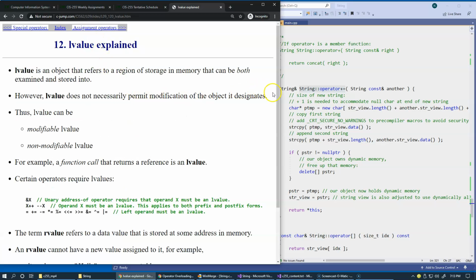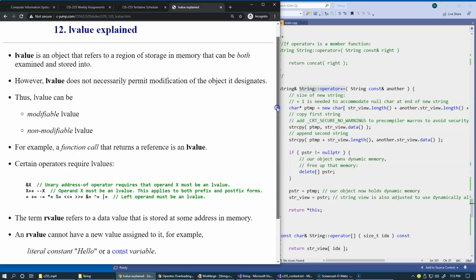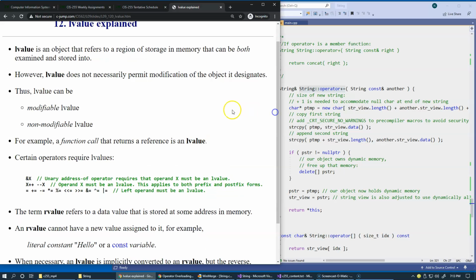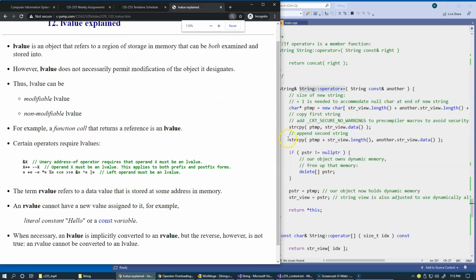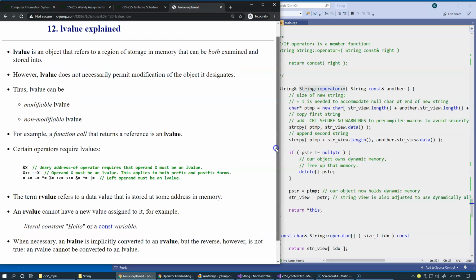So let's talk a little bit about lvalue and rvalue as well. Let's just resize this so it fits on one screen right here. So, left-hand side value. The idea is coming from the fact that lvalue is something that may look like this, equals a right value.